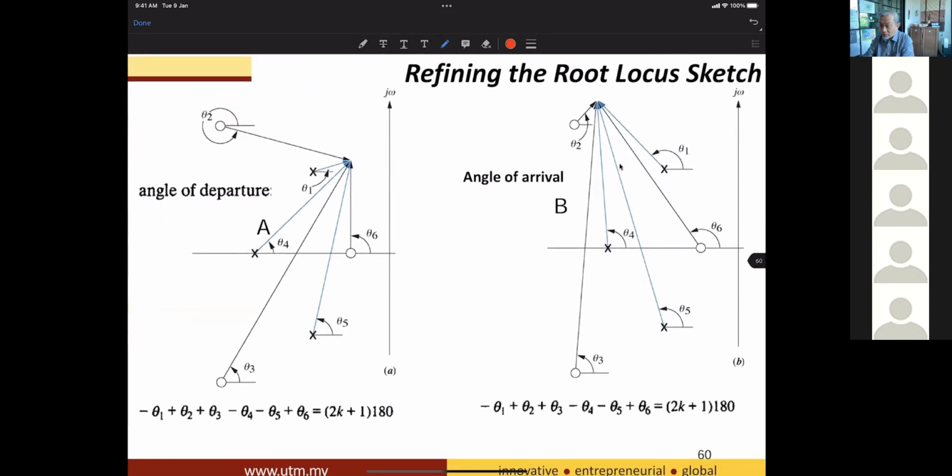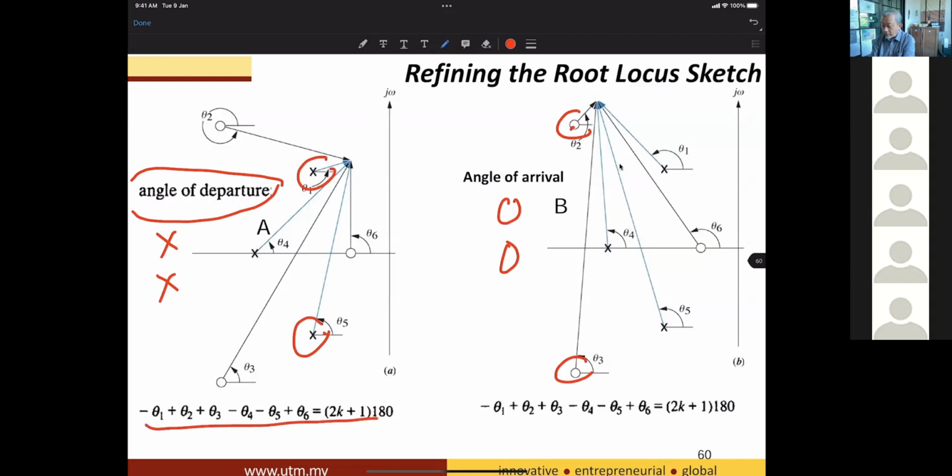The left one is the angle of departure, which refers to the complex conjugate poles, and the right one is the angle of arrival, which refers to the zeros. So we use the angle criteria: minus theta 1, minus because it refers to the poles, plus theta 2, theta 3, which refer to the zeros, minus theta 4, minus theta 5, referring to the poles, and then theta 6 referring to the zeros, equal to (2k plus 1) multiplied by 180 degrees.